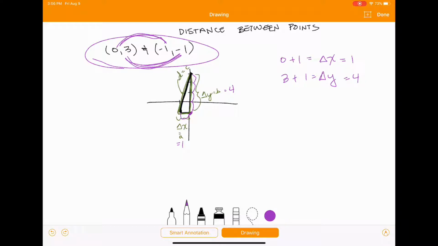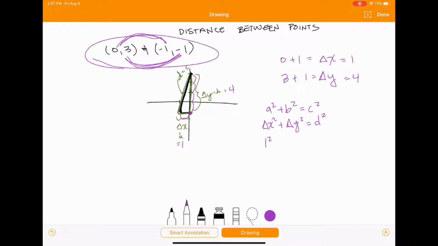But now we know 2 sides of our triangle, and we can go ahead and solve for our hypotenuse, which is our distance, which is what we're being asked for. So again, a squared plus b squared equals c squared. But in this case, this is going to be delta x squared plus delta y squared equals our distance between those 2 points squared.